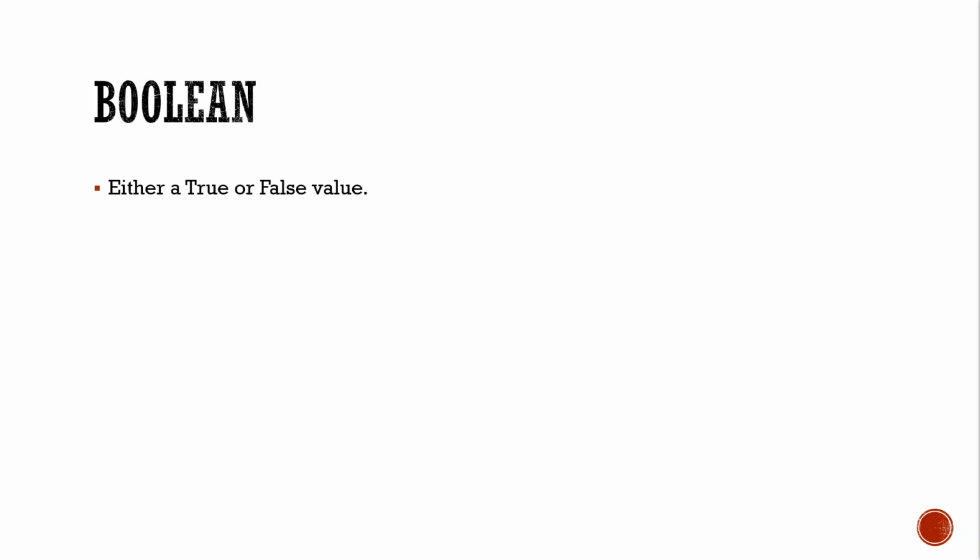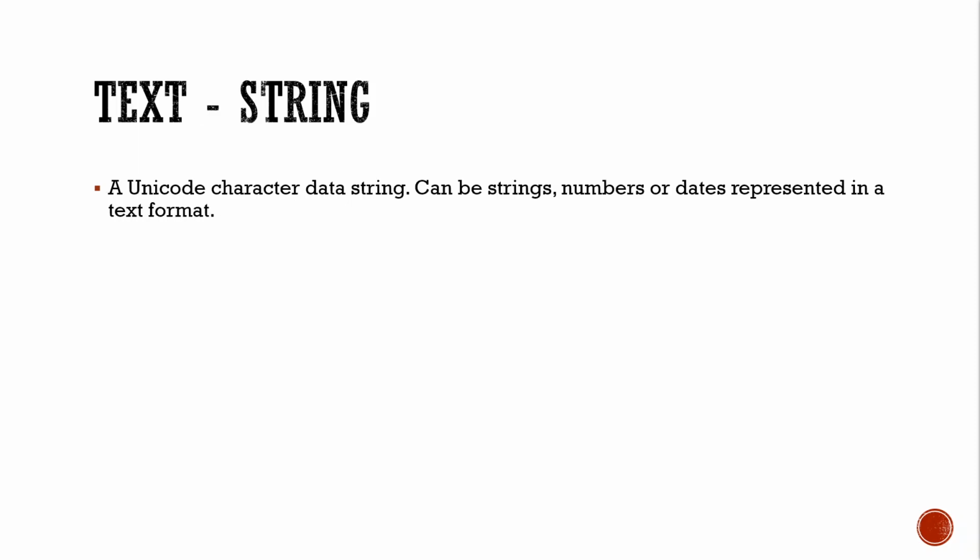Boolean answers the expression of whether the expression would be true or false. Text string: a Unicode character data string that can be strings, numbers, or dates represented in a text format.